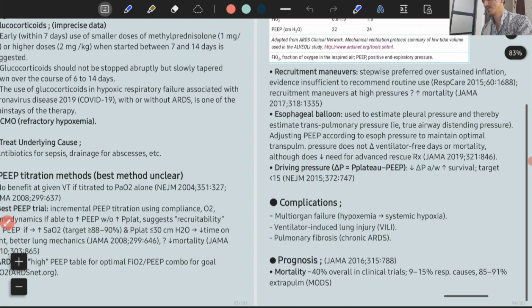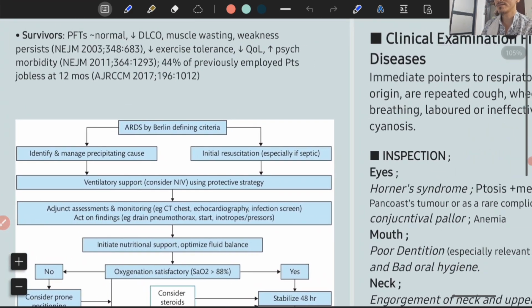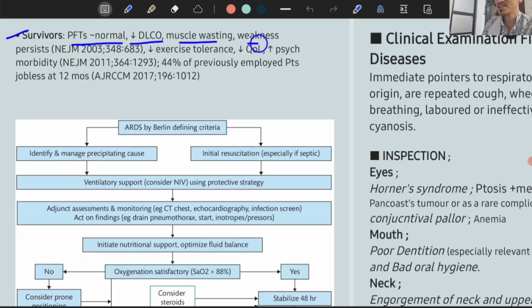The last thing is survivors. For patients who recover from the ARDS syndrome, it takes some months to adjust. PFTs will come approximately to normal, but in spite of that, patients will have decreased diffusing capacity. They will have muscle wasting and weakness, which will persist.